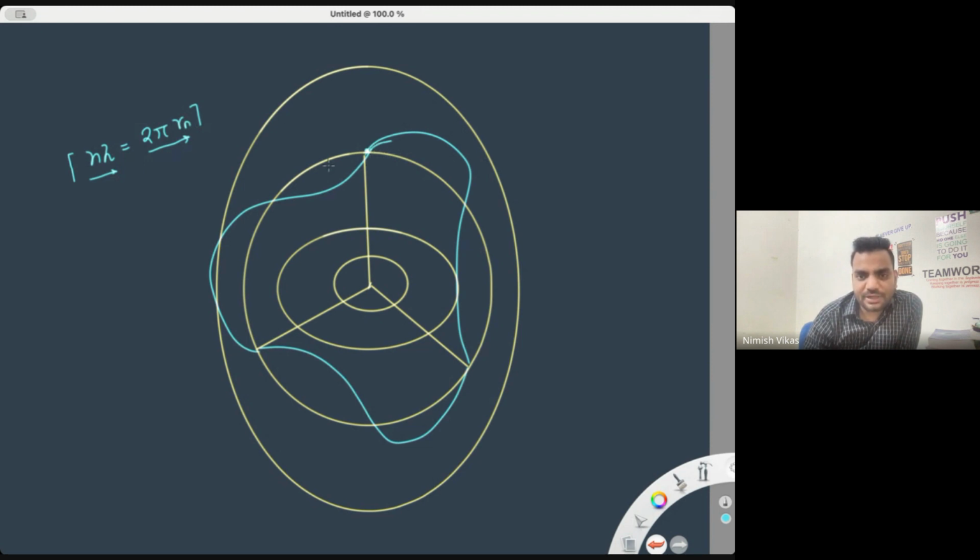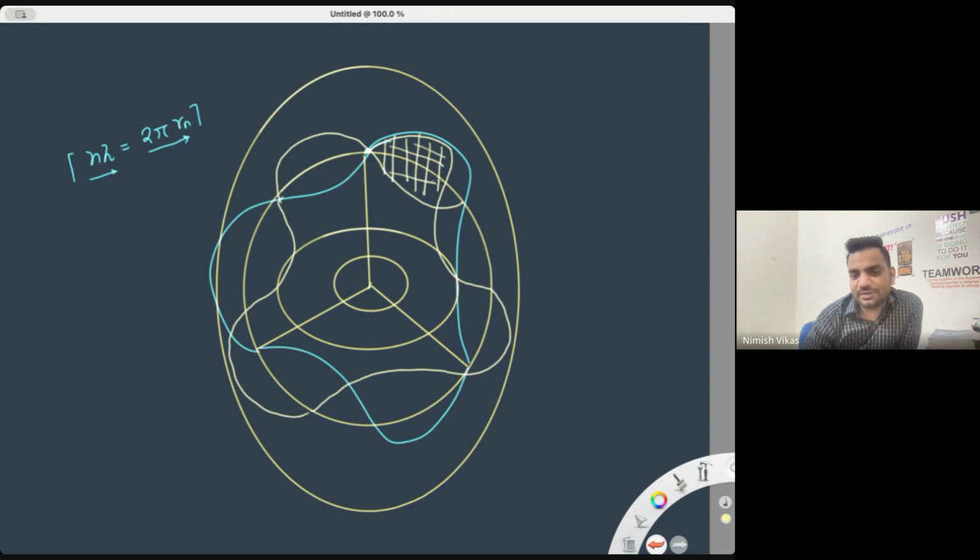If I draw one more case here, to draw 3.5, I have to take a smaller oscillation: 1, 2, 3, and then 4. So you can see that in this path we get waves cancelling out each other. When waves cancel out each other, that means the electron cannot be here.